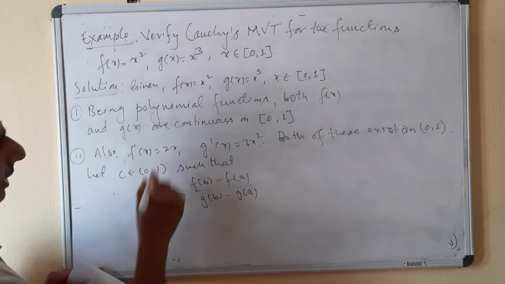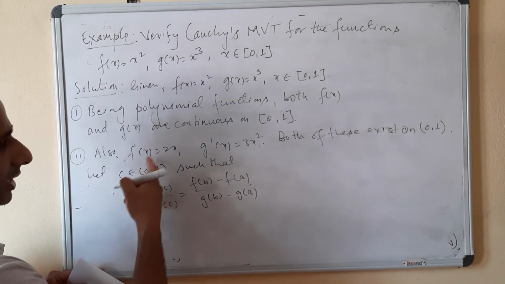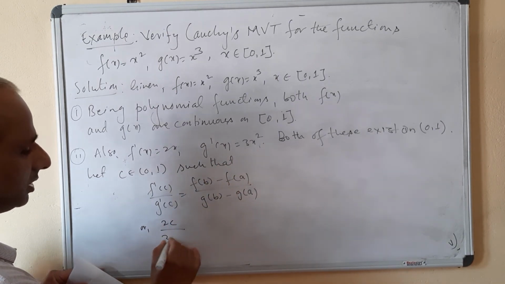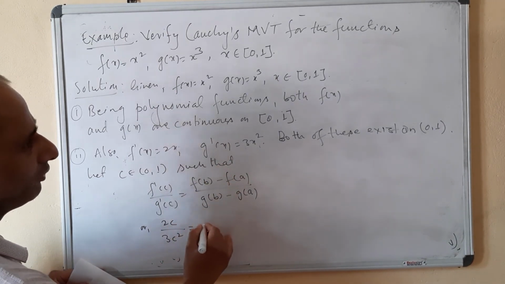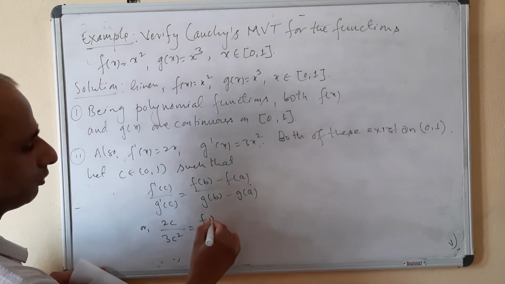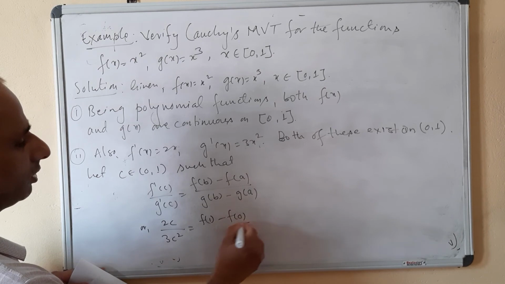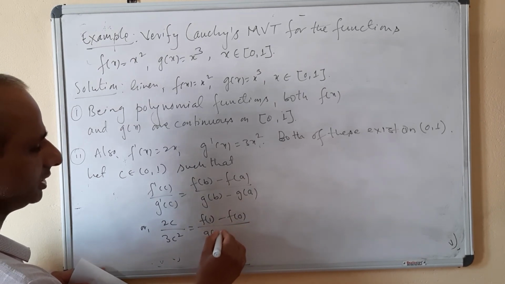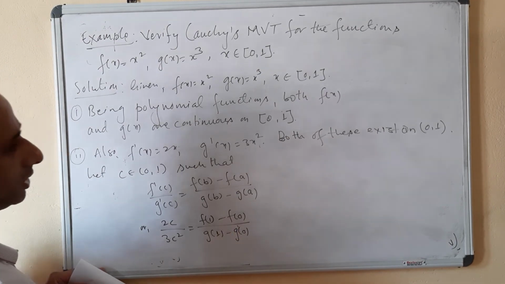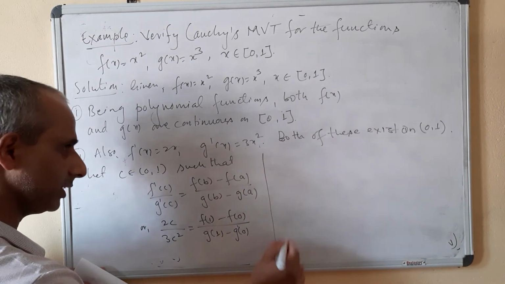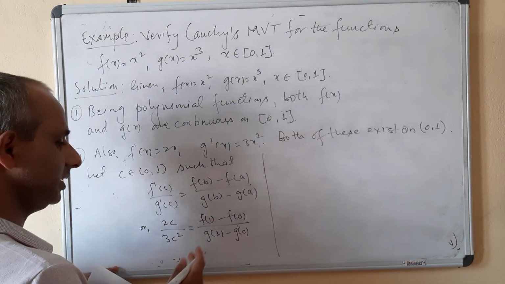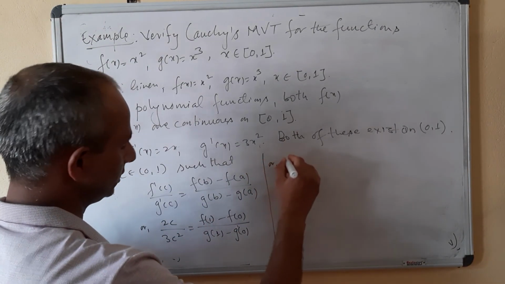Okay, f dash of c means, from f dash x, twice c. g dash of c means 3 c square. f of b minus f of a means f of 1 minus f of 0, divided by g of 1 minus g of 0. Now let's put in values. I'm solving here on the right side. Don't cancel c here, because we are going to solve for c.